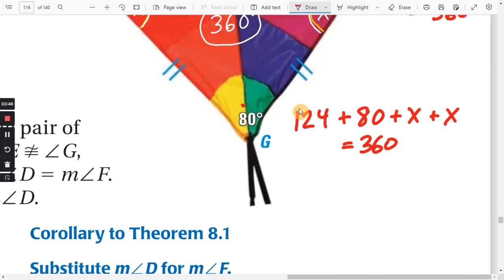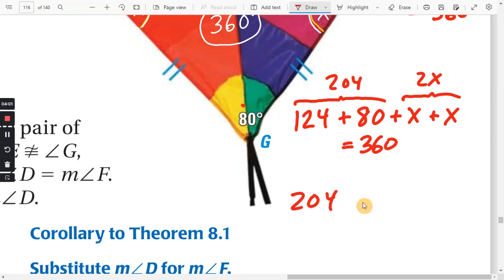All right, combining like terms, 124 plus 80 is going to be 204. And of course, X plus X is going to be 2X. So we have 204 plus 2X equals 360.